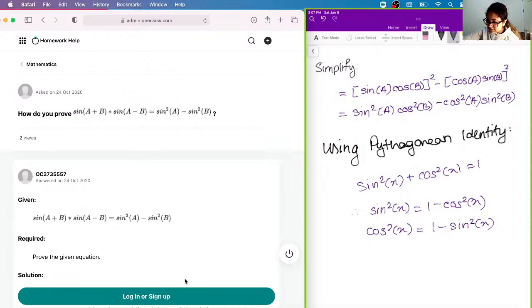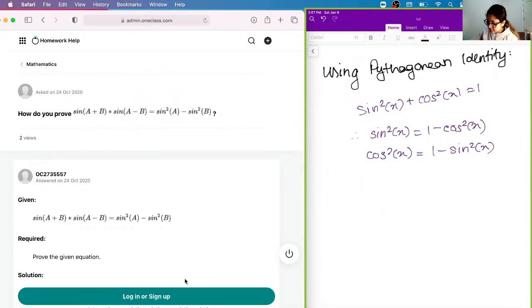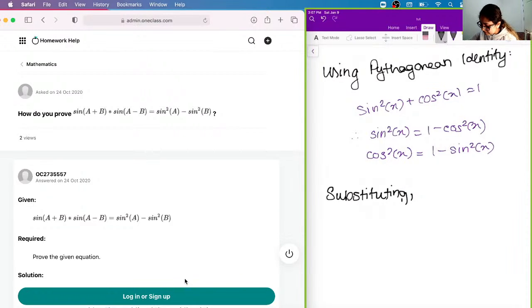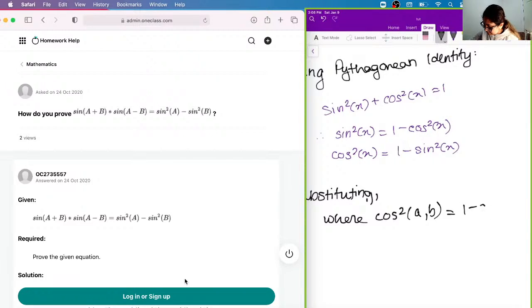And so substituting from the Pythagorean identity, where there's a cos squared of a or b, we're going to replace that with 1 minus sine squared of a or b. Okay?